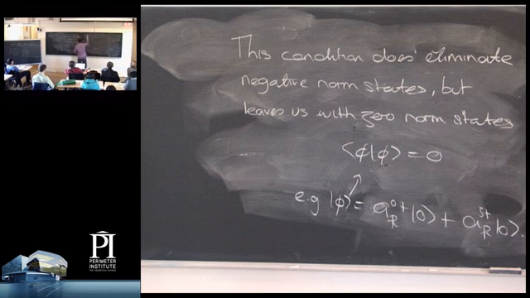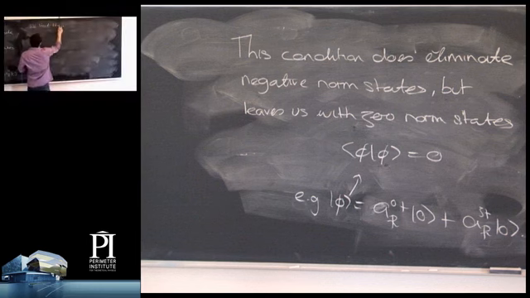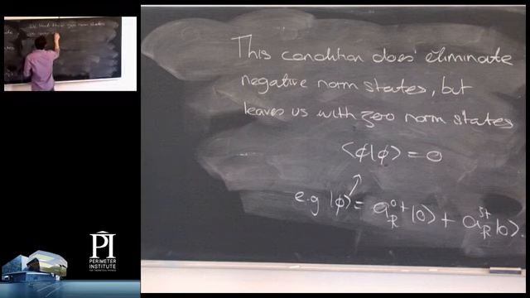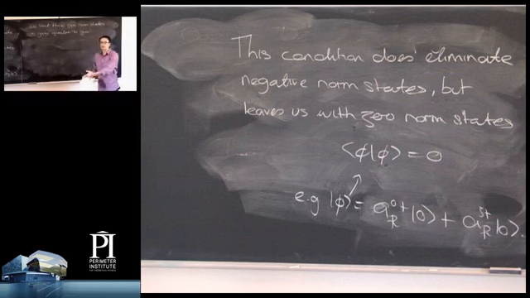So we treat these zero norm states as gauge equivalent to zero, which means if we have a physical state and we add to it any zero norm state, it's a different state in the Hilbert space, but we view it as the same physical state.